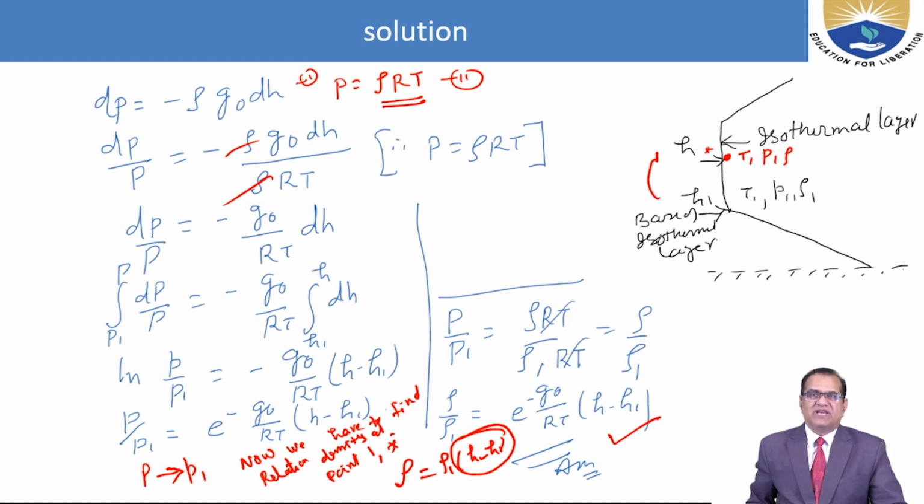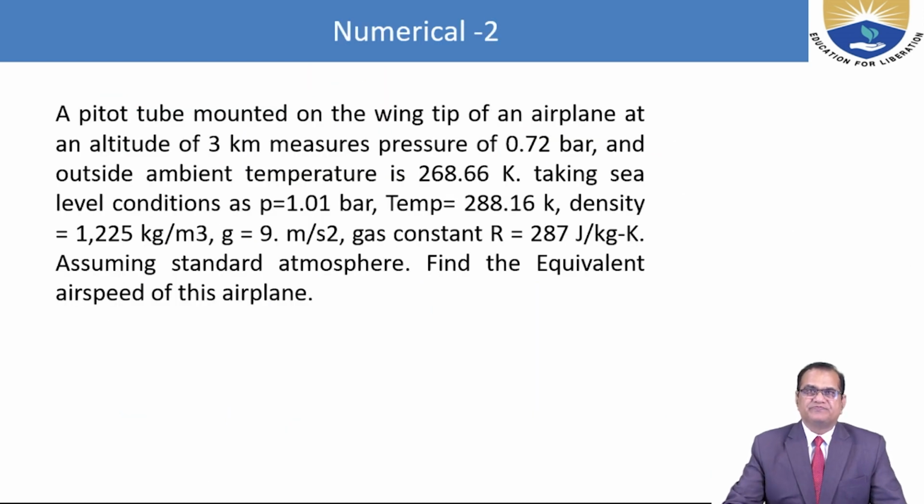Now I will go for my next numerical, number 2. A pitot tube mounted on the wing tip of an airplane at an altitude of 3 km measures a pressure of 0.72 bar, and the outside ambient temperature is 268.66 Kelvin.